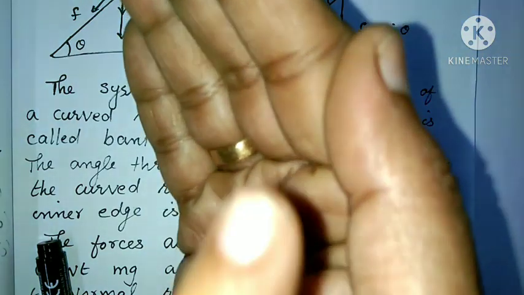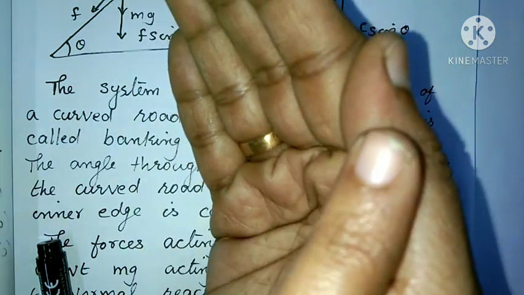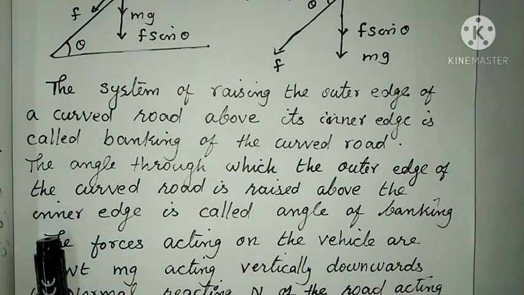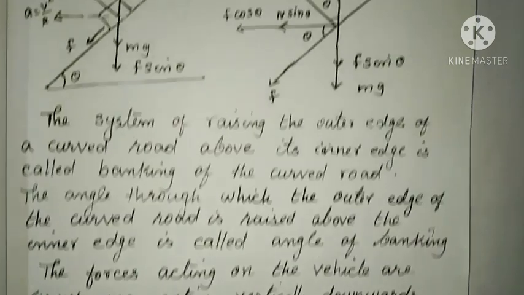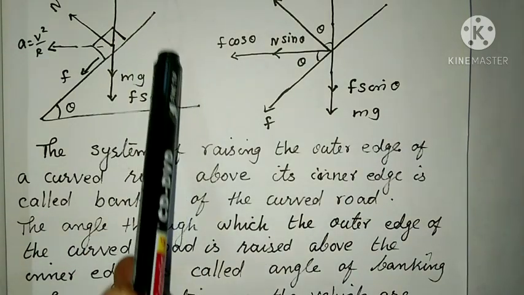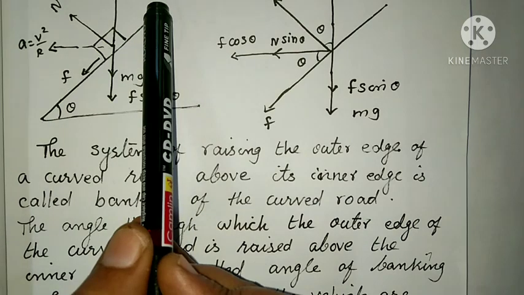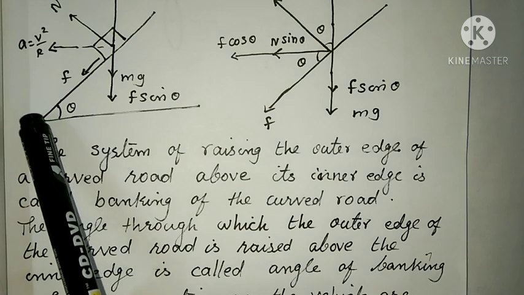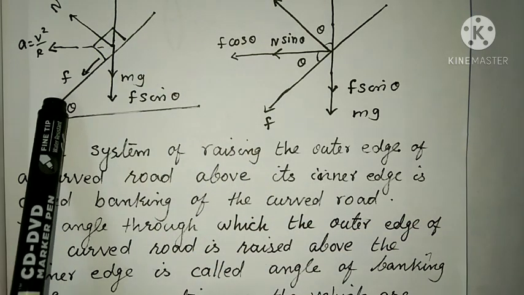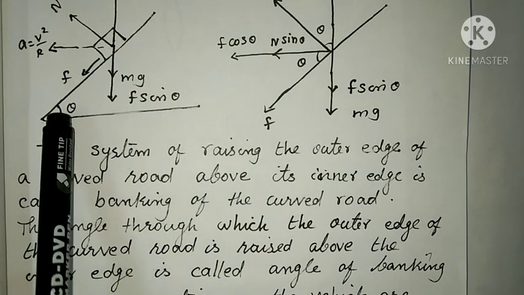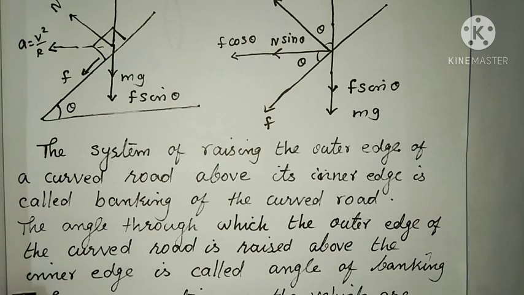This is known as the banking of a curved road. Here the outer edge of the road is raised from the horizontal level above the inner edge. The angle through which the outer edge of the curved road is raised above the inner edge is known as the angle of banking.